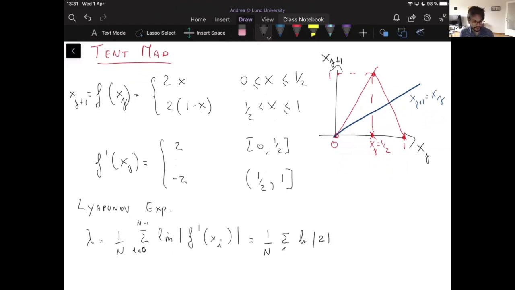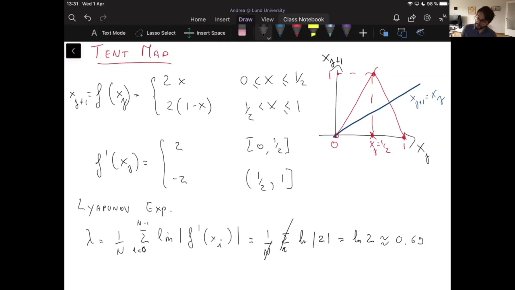The absolute value is always 2. So this is the sum n times, which simplifies with the n. And what you are left with is that the Lyapunov exponent in this case is simply the natural logarithm of 2, which is 0.69, I wrote in my notes. I hope it's correct. But as you can see, it's larger than 0.